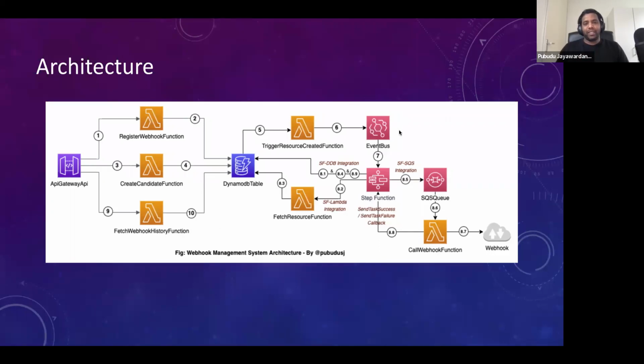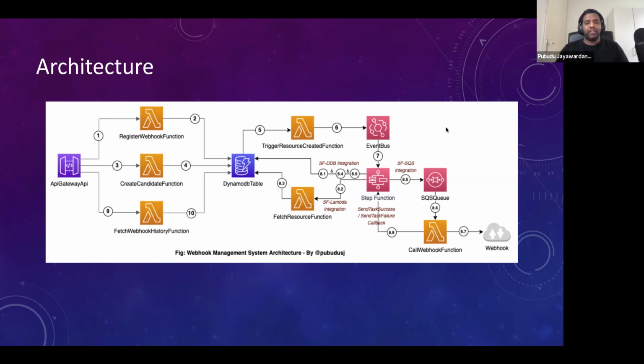But if you think about a production system, this event bus can be a separate system, a shared event bus among the organization or among all the components of your application. So those things can be improved before going to production. Also, this retry mechanism.